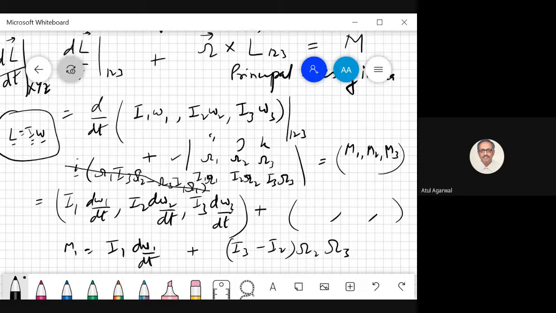What is my I component? It is omega 2 I3 omega 3 minus I2 omega 2 omega 3. This is my ith component. So omega 2 omega 3 I can take out, and it becomes I3 minus I2. So this equation is all right.